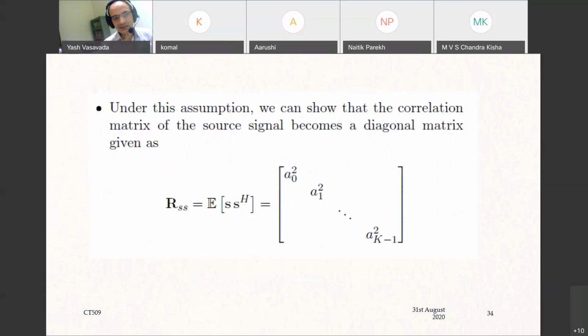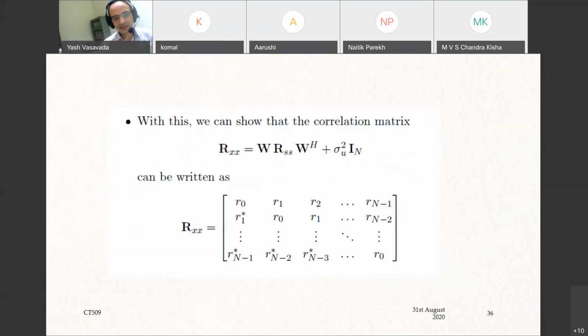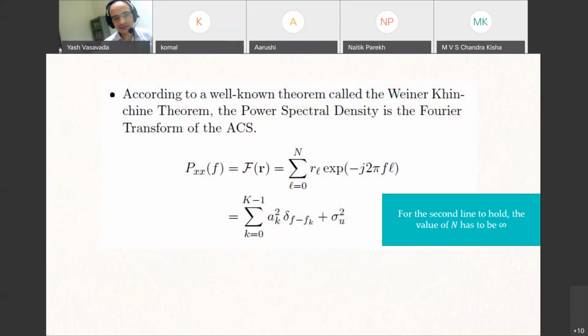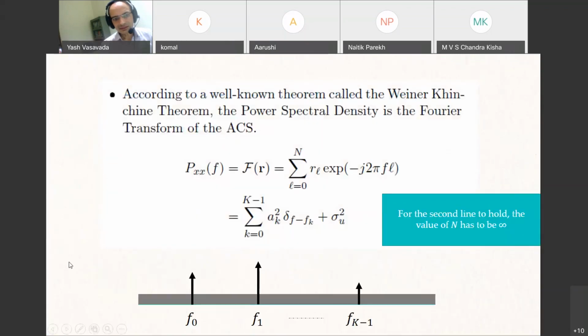Ideally, the actual signal has this type of power spectral density. It is very nicely localized, a very thin impulse at each frequency. The problem is that because we are considering a finite value of n, each of these impulses gets replaced by this sinc function.